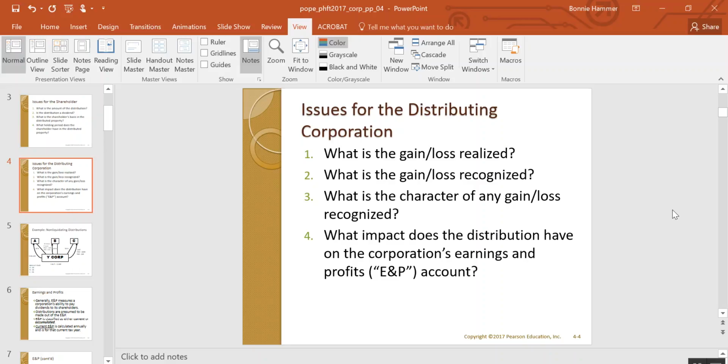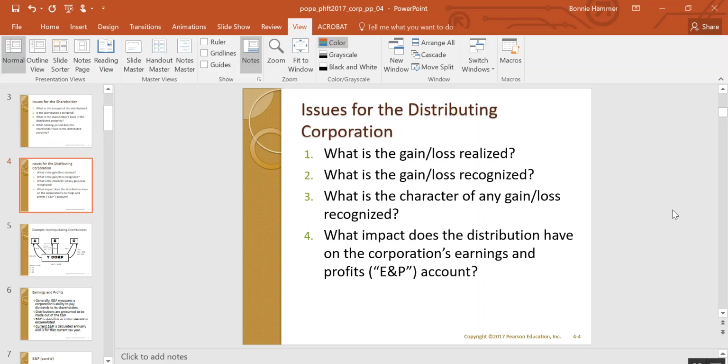But if we have either appreciated or depreciated property being distributed, appreciated property means that the fair market value is higher than the basis in the property being distributed, and depreciated property means that it's a loss property being distributed, so the fair market value is actually less than the basis.